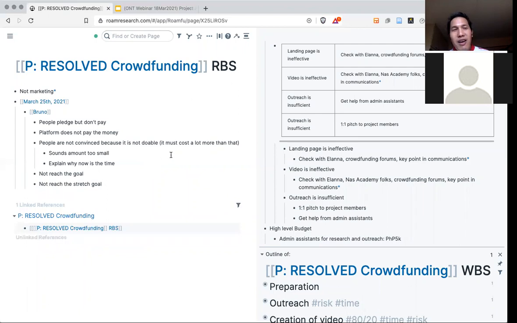Cool. So let's use these risks that you mentioned for creating the RBS. I will transfer these somewhere so that everything is in the RBS.